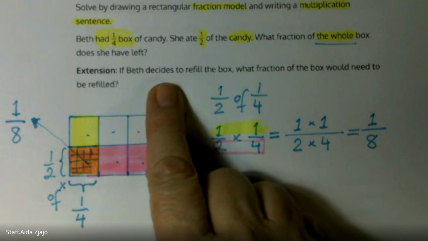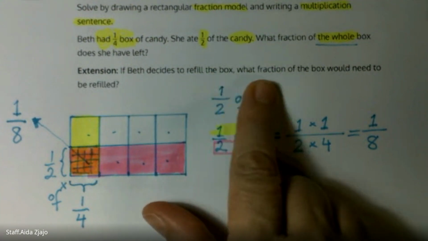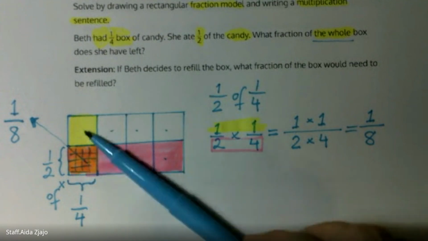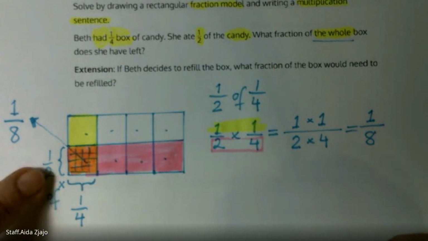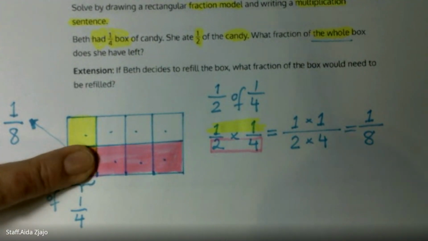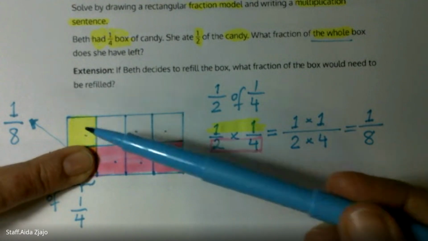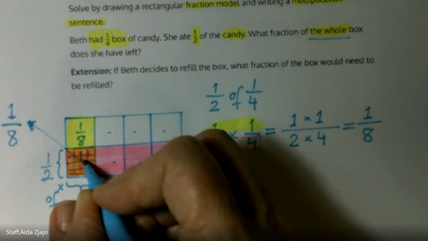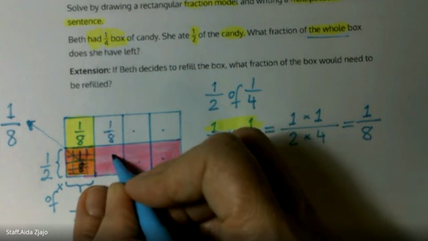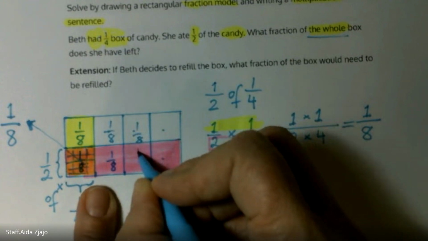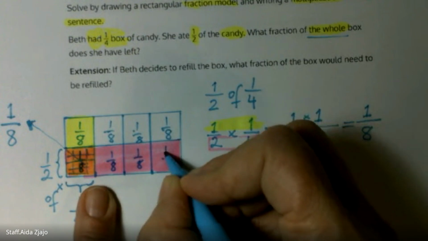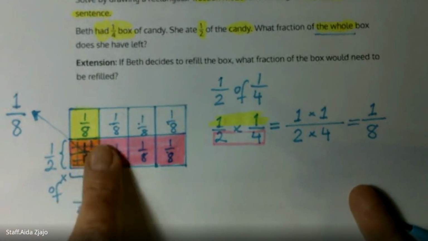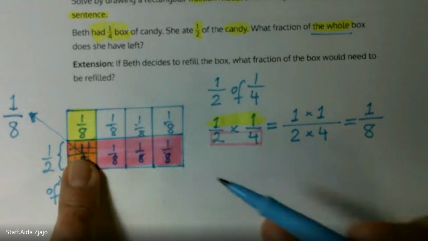Now if Beth decides to refill the box, what fraction of the box would need to be refilled? Remember, she had 1/4, this yellow part, but then she ate half of it, which is this piece. So only what is left is this 1/8 piece, correct? Each piece is 1/8, and everything becomes 1/8. If you think about how many she needs to refill, she only has this part. She ate everything else, so everything else has to be refilled.